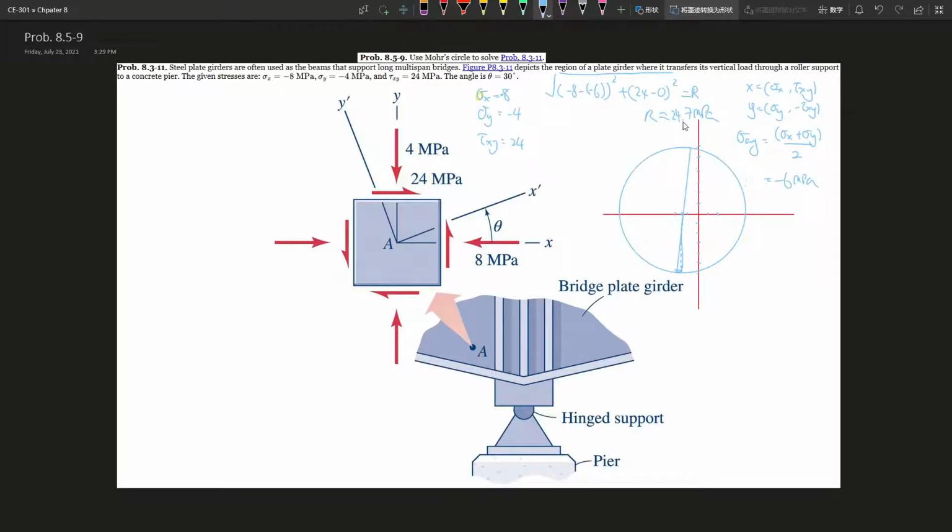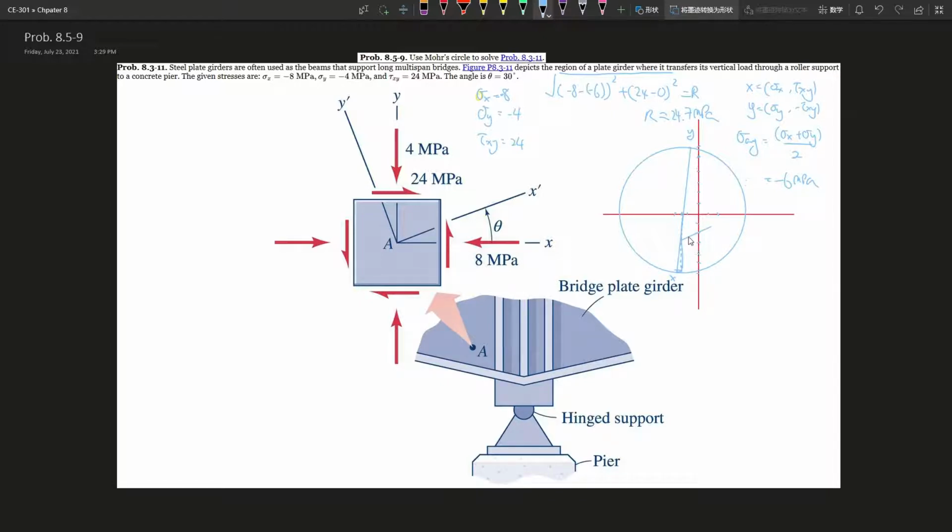Let's move on to find out the angle. So this is x and this is y, and we're always trying to rotate x this way, clockwise, to a certain degree. So we're trying to rotate it 60 degrees, so that's somewhere here.